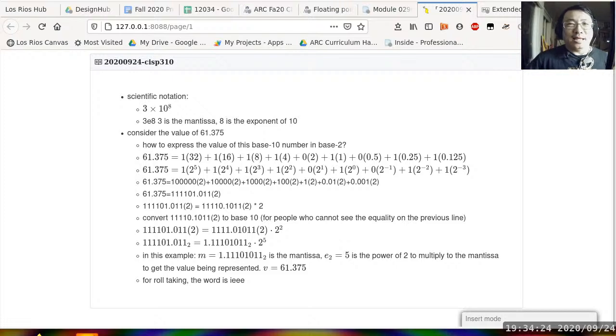It's just IEEE, which is the name of the institution. No, double is the passcode of the lab. So Aiden, you're pretty close at emulating how I think. Pretty good guess. Double is the passcode of the lab itself, and IEEE is the word for roll taking purposes. Very good.